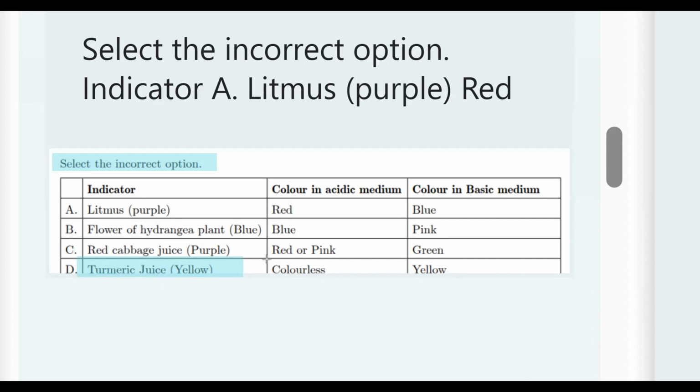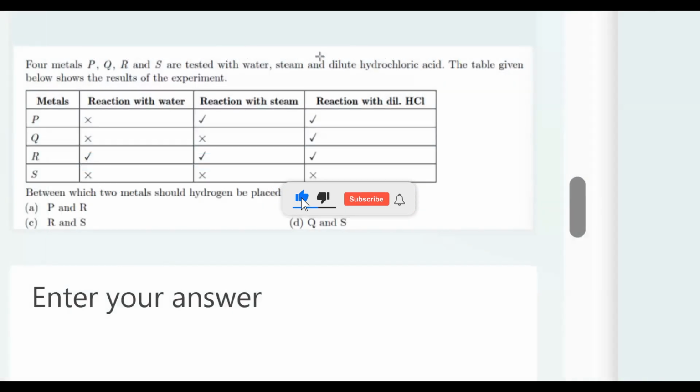It does not show any change in color in acidic medium, right? So it should be yellow in acidic medium. It remains yellow because its natural color, as I said, is yellow. So over here they should write yellow, and in basic medium it's reddish brown. So we just had to look for an incorrect option. I'll say that D is incorrect in this case.